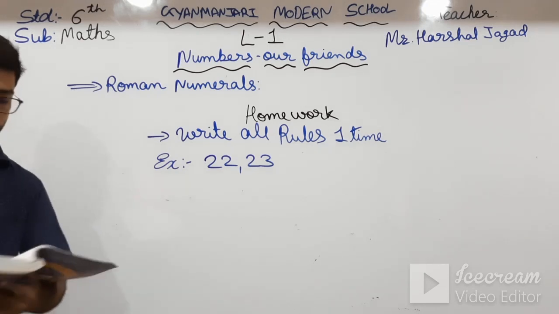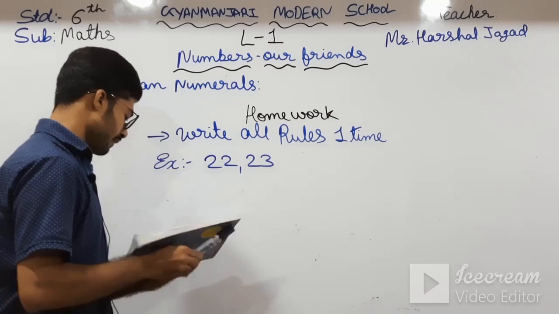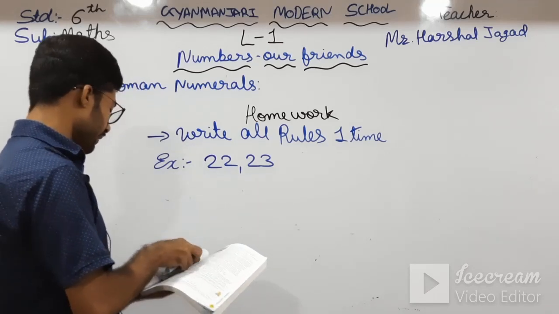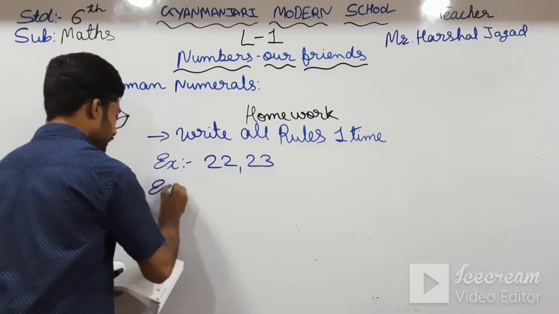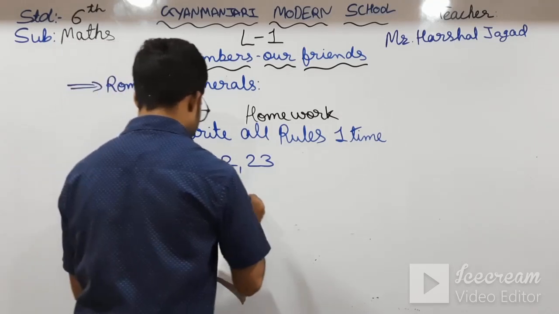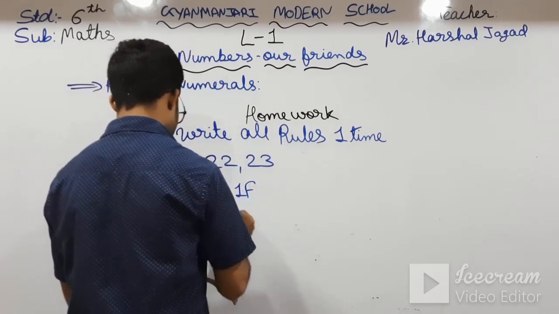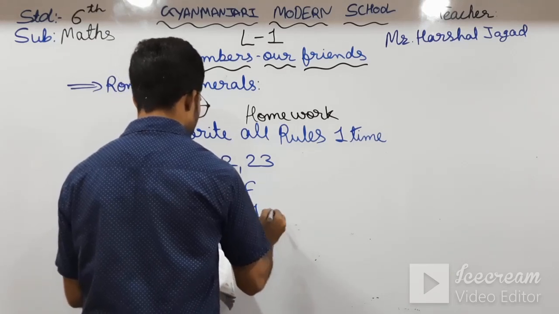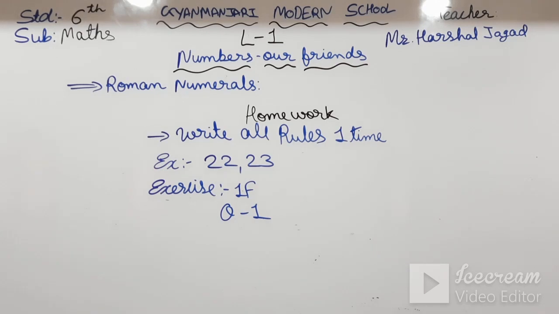And students, in exercise 1F, you have to write question number 1 in your fair book as homework. Okay students, are you making the fair book?